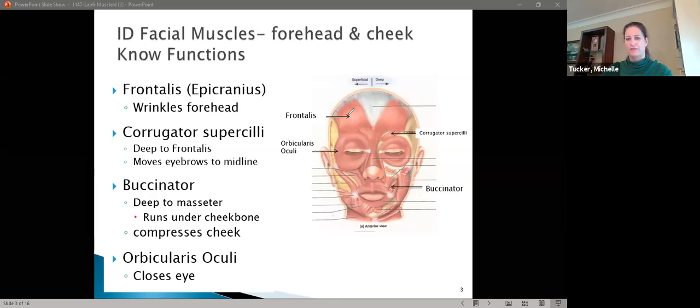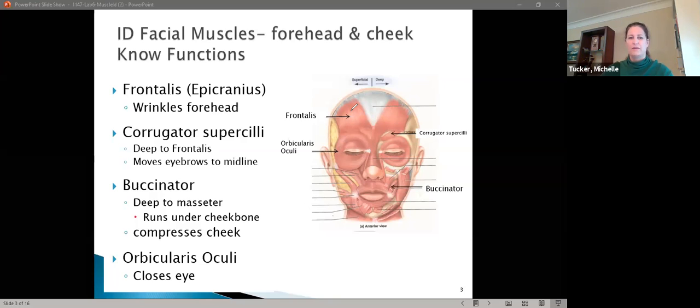So the first one is frontalis, sometimes called epicranius, sometimes called occipitofrontalis. So it has a few different names, but frontalis is the part that is on the forehead. If it's called occipitofrontalis, it's because there's also a part on the occipital that attaches to the occipital bone. But from this viewpoint, we'll talk about frontalis.